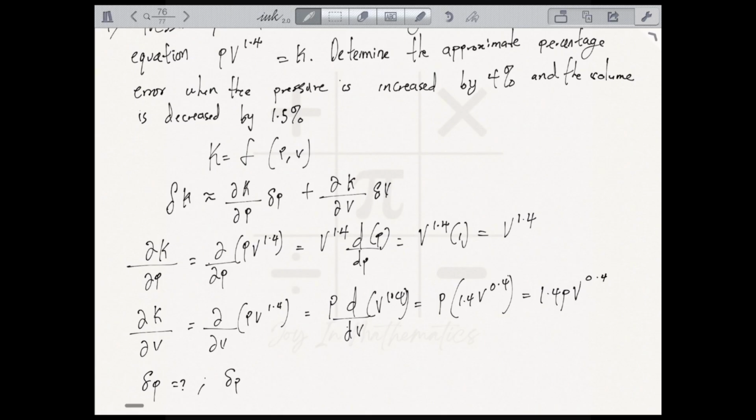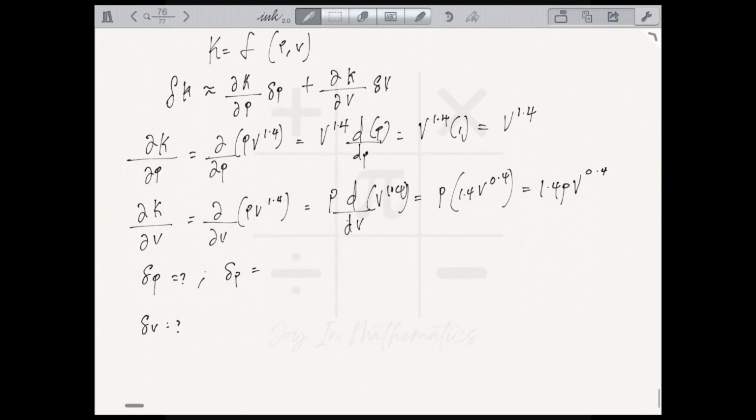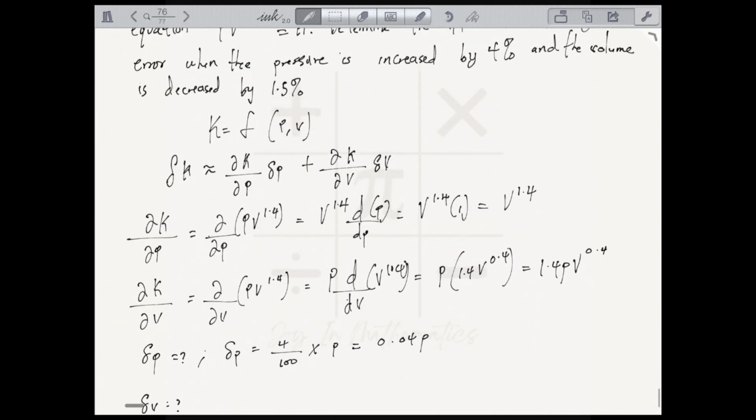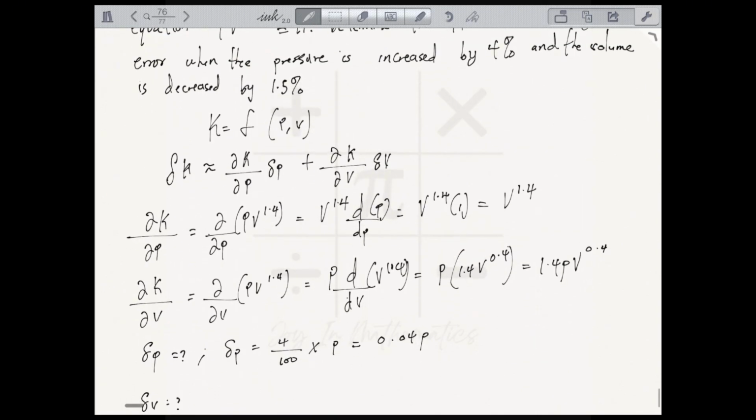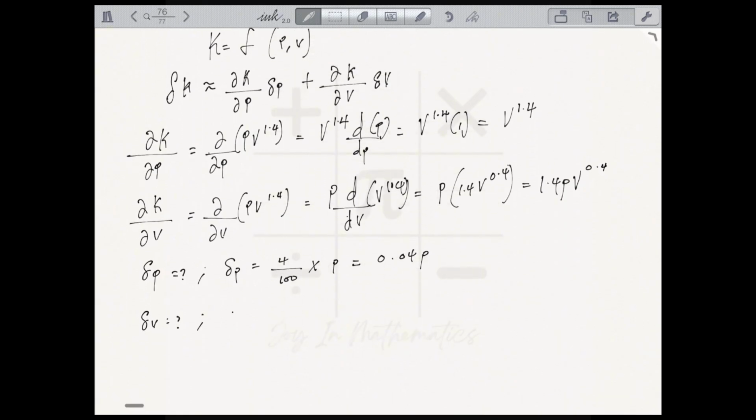Since the pressure is increased by 4%, the change in pressure, delta P, is equal to 4 over 100 multiplied by P, and this will give us 0.04 P. And the volume is decreased by 1.5%. Since the volume is decreased by 1.5%, the change in volume is minus 1.5 over 100 times V, negative because of the reduction, and this will give us minus 0.015 V.